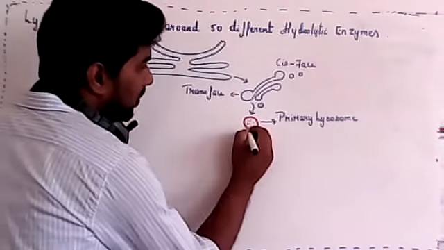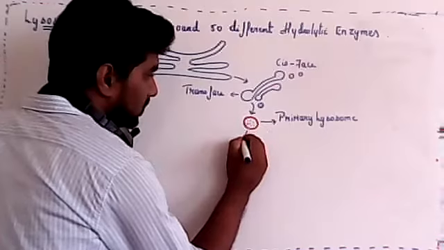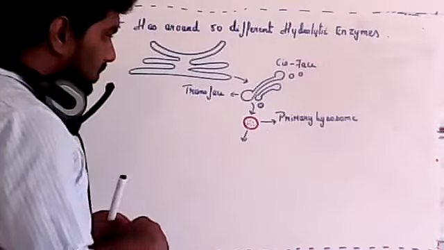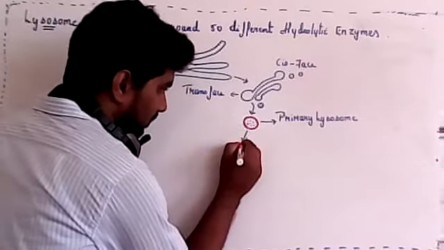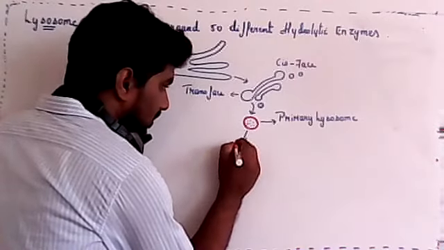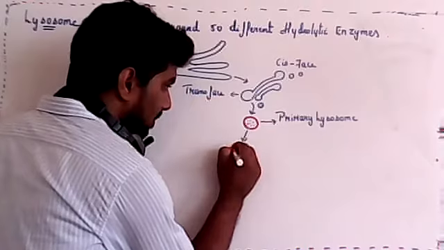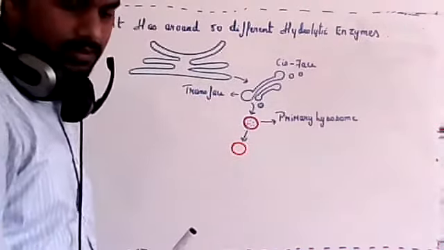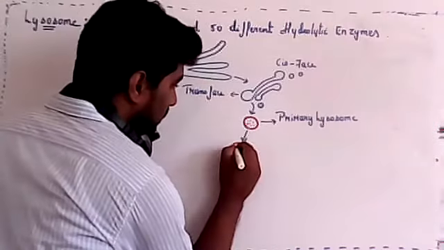Now from this primary lysosome there will be the formation of a second type of lysosome, which is called the secondary lysosome. So the next one is called a secondary lysosome.